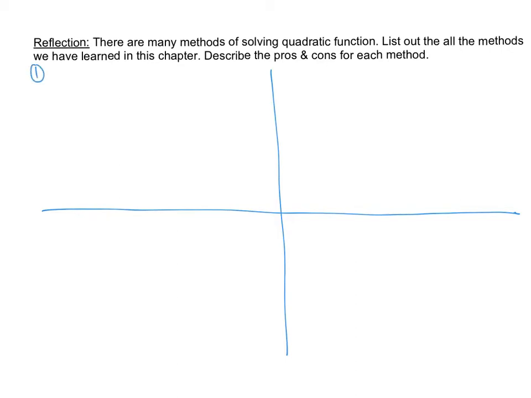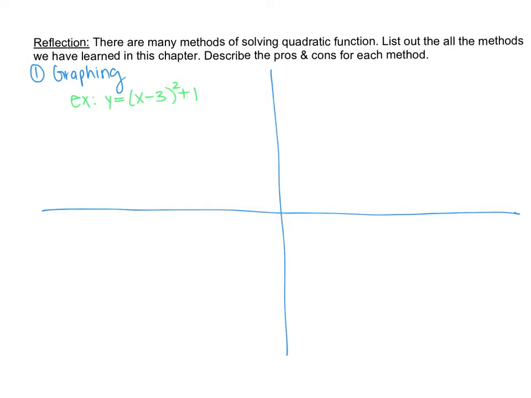So let's start with the very beginning, where we started off with graphing. When it comes to graphing, it is great when you have something that is in vertex form. You might remember graphing something like (x minus 3) squared plus 1. When you have an equation like this, also recognize it's a quadratic because it's squared.